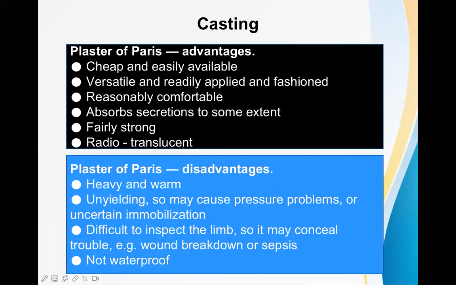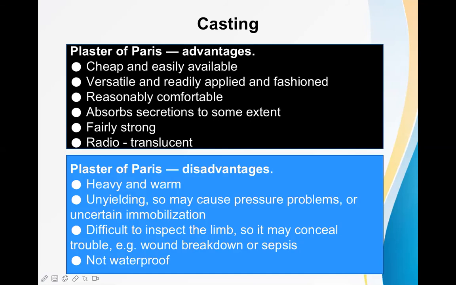Second, it is versatile and readily applied and fashioned according to our need. You just need to see it once or twice, after that you can use it by yourself. It is not very difficult at all.